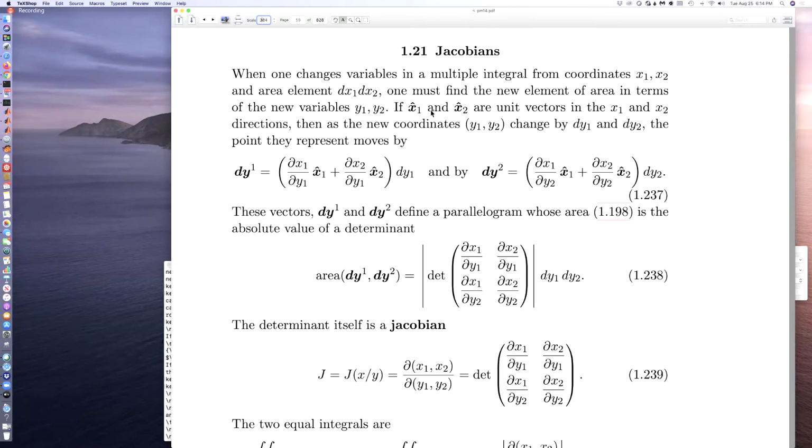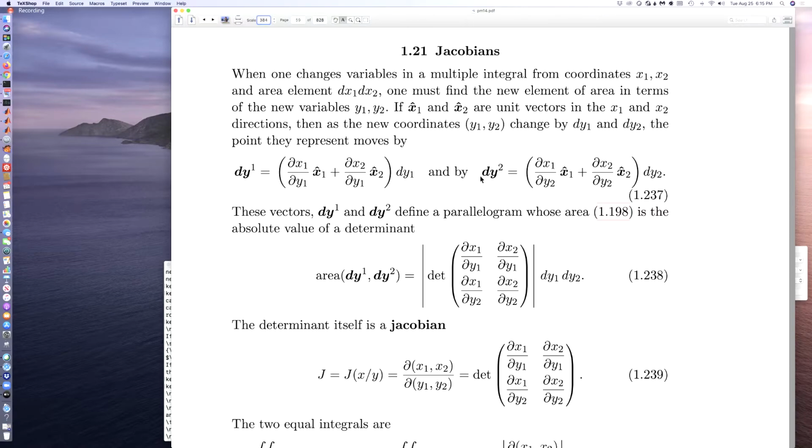I think you know how to do that, but let me show you anyway. If x1 hat and x2 hat are unit vectors in the x1 and x2 directions, then if we change the new coordinates by dy1 and dy2, the change in the point is partial x1 partial y1 times x1 hat plus partial x2 partial y1 times x2 hat, times dy1.